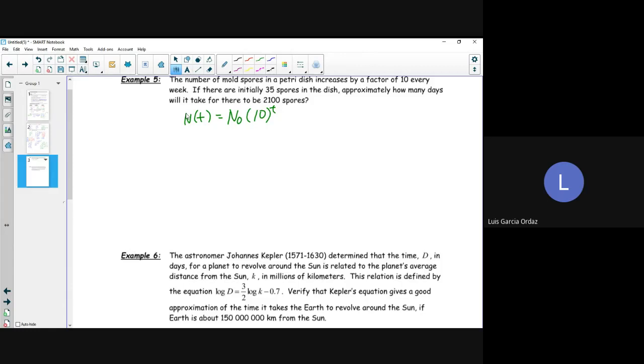Basically, when you have something that grows exponentially, for example, in this case, we have mold spores in a petri dish that grow exponentially. So N with a base of 0, this is your initial amount. And t is the amount of time passed.